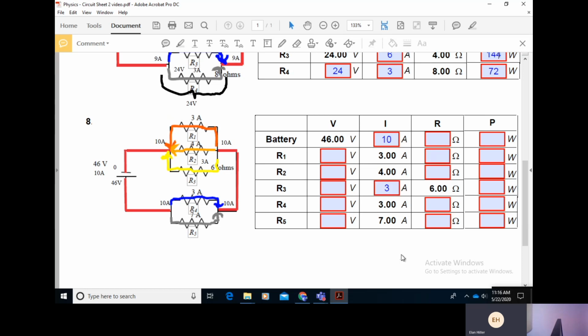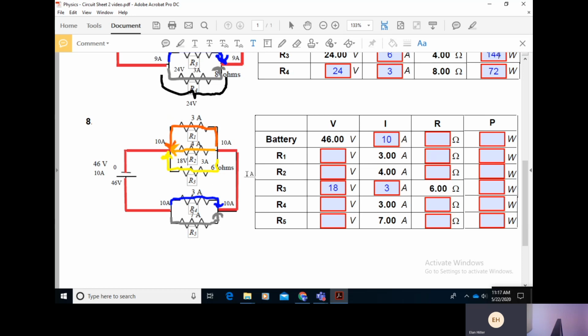Now we can use a little bit of Ohm's law here to figure out the voltage across resistor 3. 3 amps times 6 ohms is 18 volts. So across resistor 3, down here, we know that there are 18 volts of potential drop across the yellow resistor here.